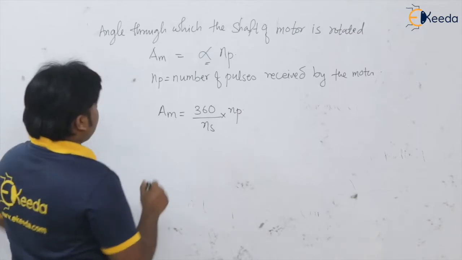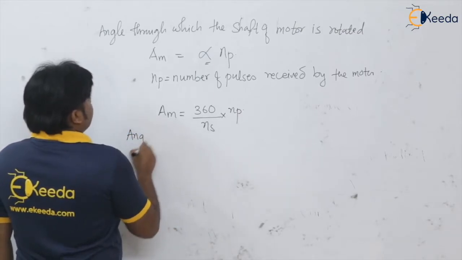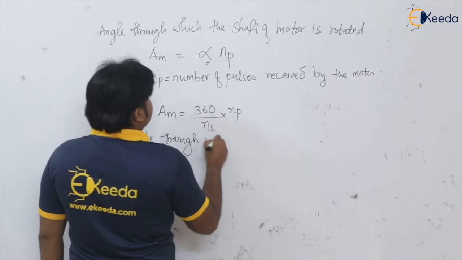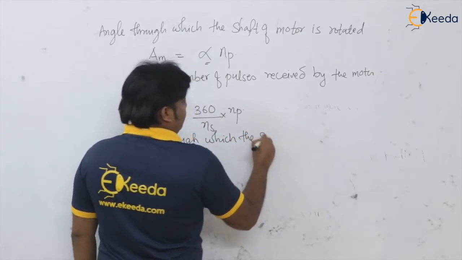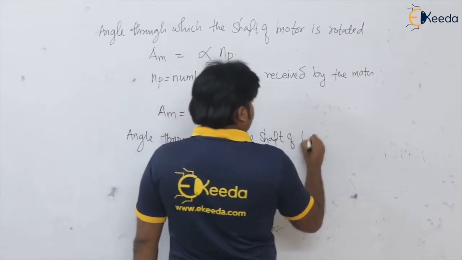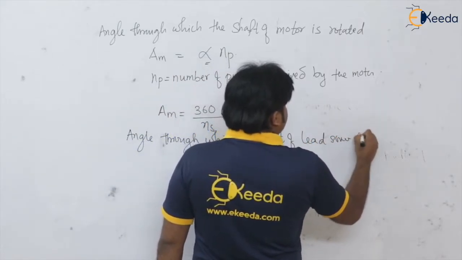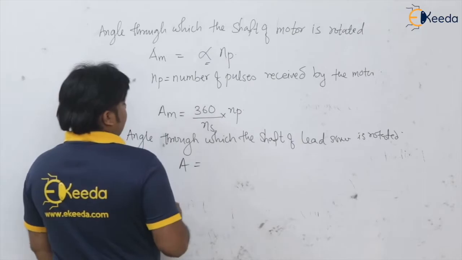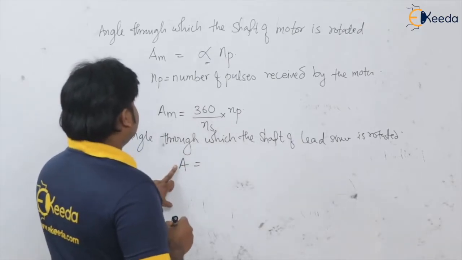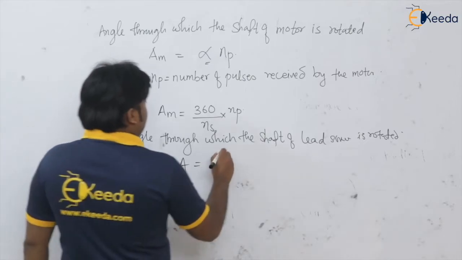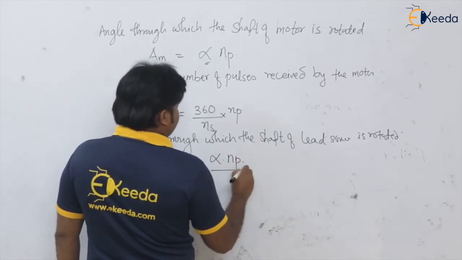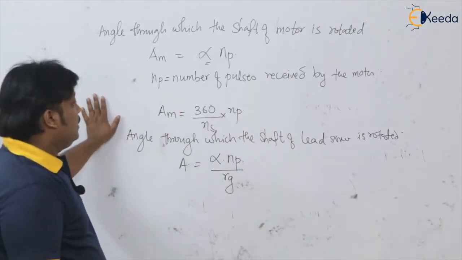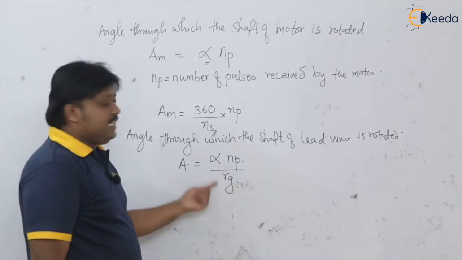And if I want the angle through which the shaft of the lead screw is rotated, given as A, then A is equal to alpha into NP divided by RG, the speed reduction by the gear ratio RG, isn't it?